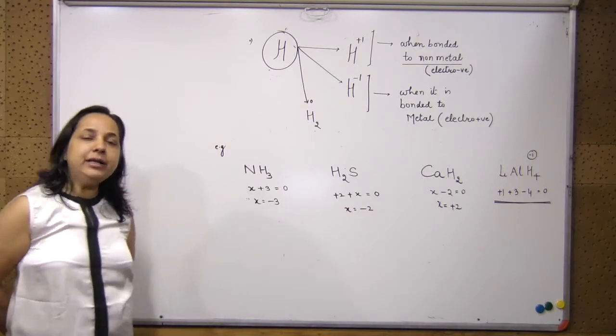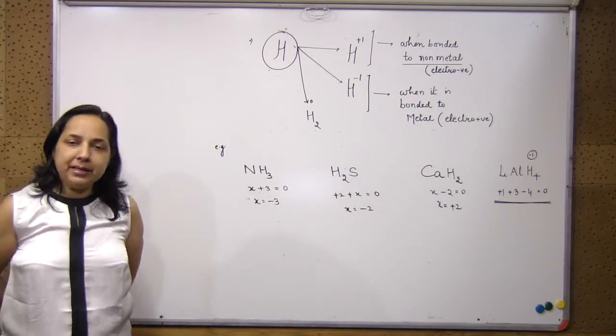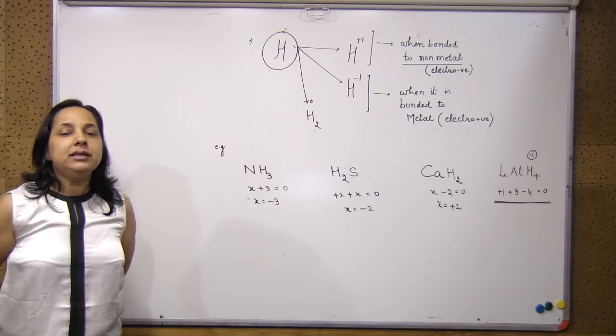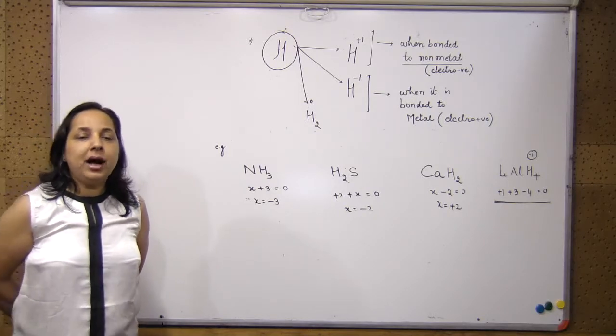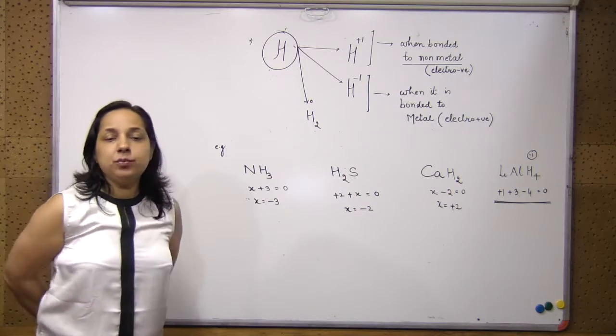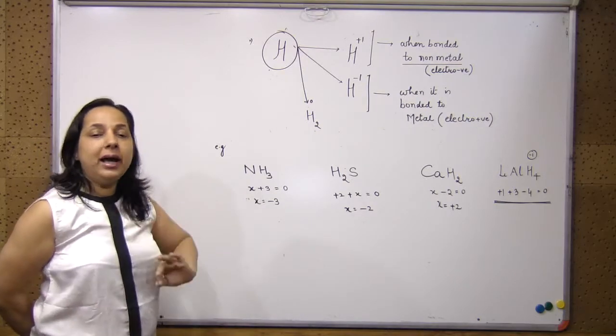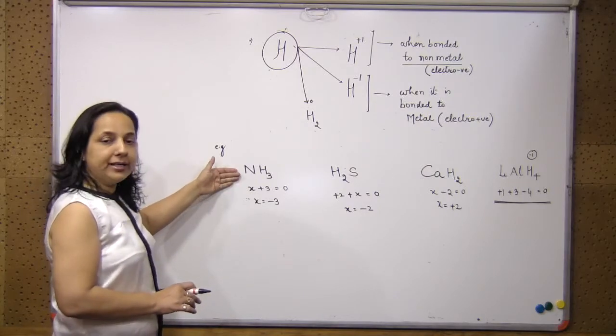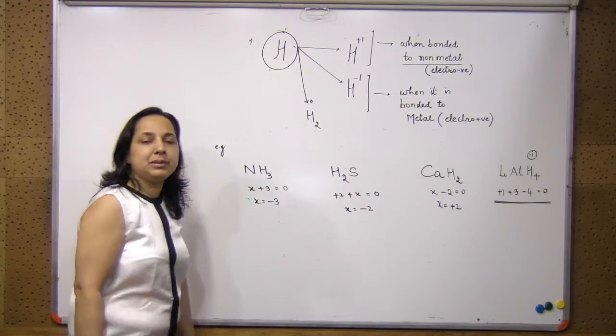Third rule, we have done hydrogen. Hydrogen can be -1, +1 or 0. Hydrogen +1 means it is bonded to a non-metal. Hydrogen -1 means bonded to a metal, and we can calculate this oxidation number as shown in these 4 examples.